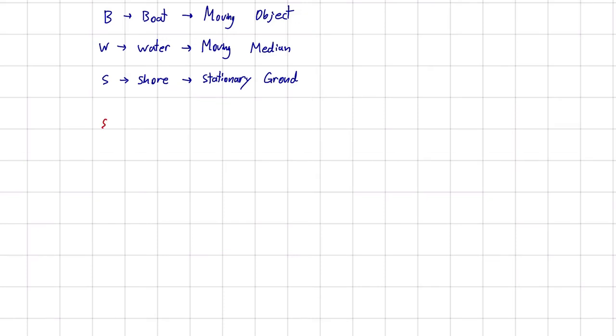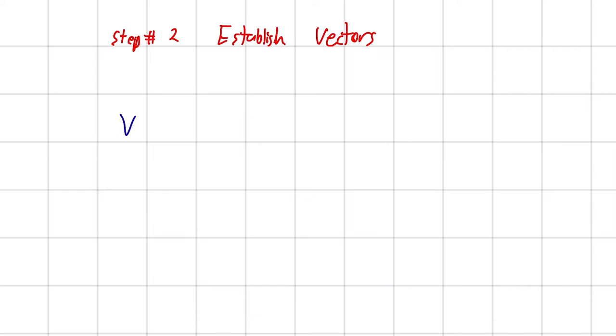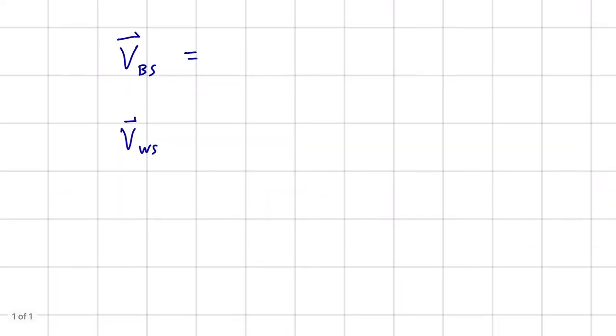So let's go into step two. Step two, we're going to establish our vectors. What we want is the velocity of the boat relative to the shore, the velocity of the water relative to the shore, and the velocity of the boat relative to the water.